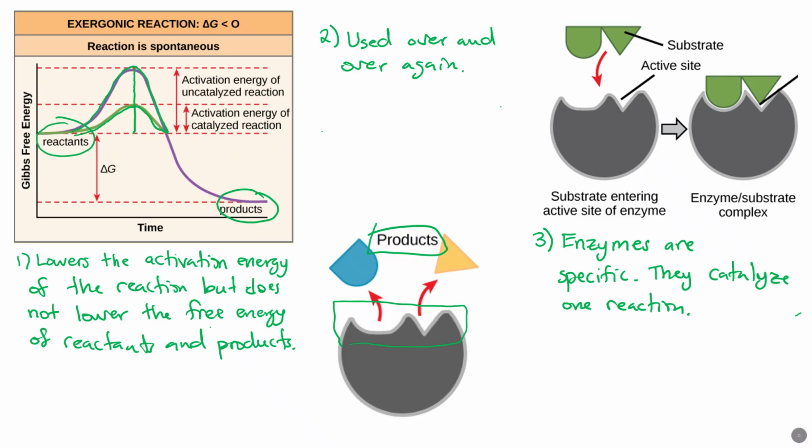Other molecules can occupy the same active site, forming that weak interaction, blocking the substrate from binding to it. But if it is not the substrate, it is not bound, and it cannot be broken apart. It cannot be changed into the products. So again, if a molecule can bind to that active site, it doesn't necessarily mean that it would also undergo the same reaction that the substrate does.